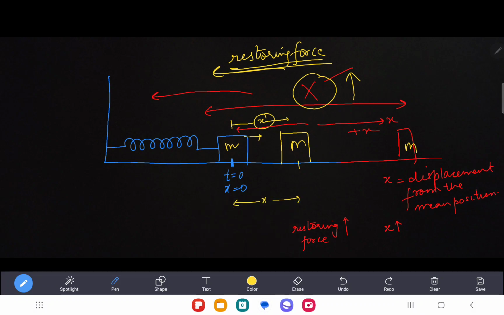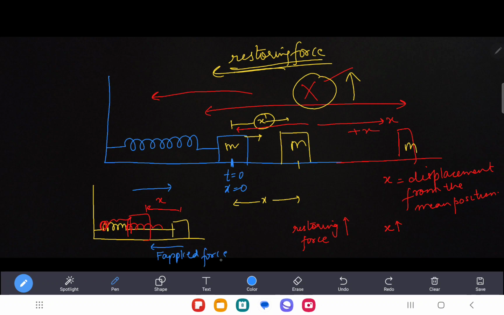And if you are compressing the spring, let's suppose this was the mean position, and you compress the spring to here, you have pushed it backwards by distance x. So the spring is going to push you forward. The moment you see, this is going to be your applied force.